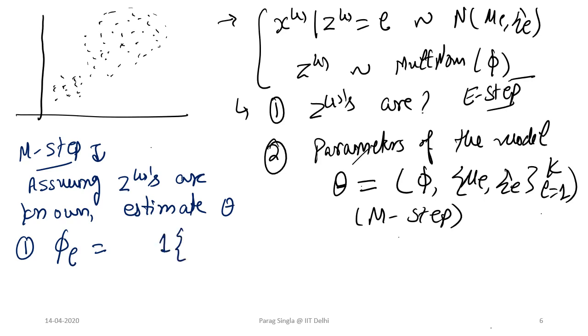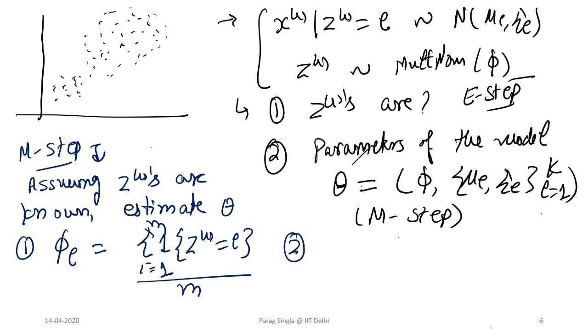So this will be the sum over i equal to 1 to m of the indicator of zi equal to l, divided by the total number of points. So these are phi l's, and once again, to remind you, we are computing these phi l's given the zi's. So this is essentially the M step.